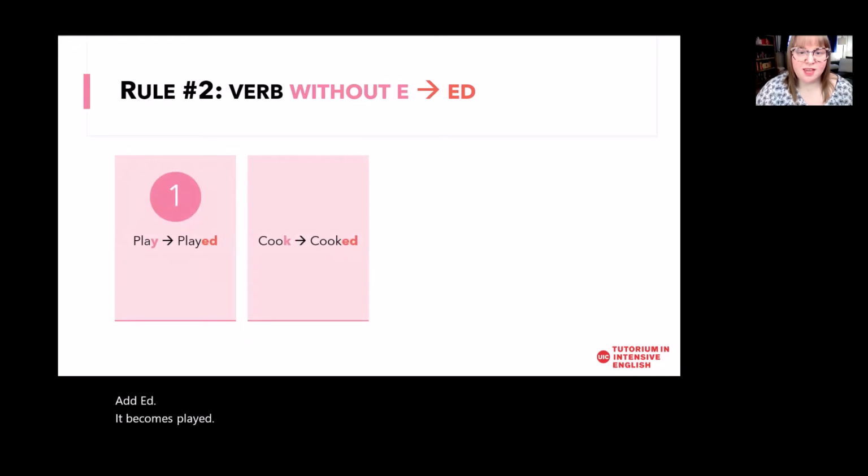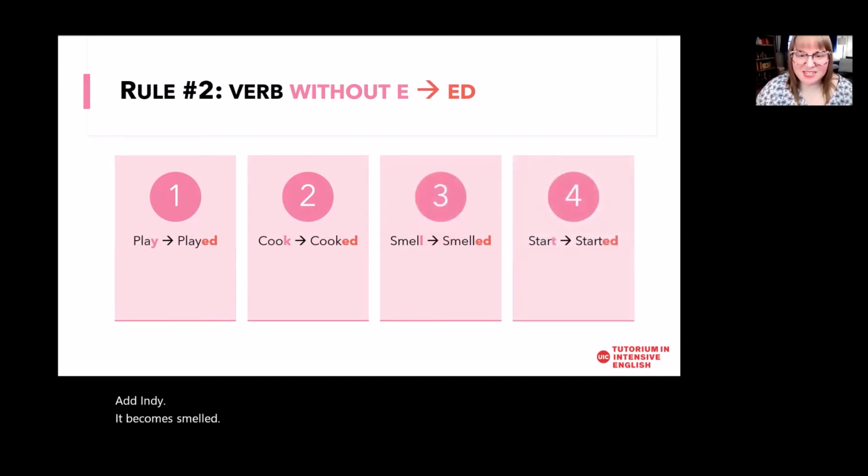Cook ends in K, add ED, it becomes cooked. Smell ends in L, add ED, it becomes smelled. And start ends in T, add ED, it becomes started. Okay, easy enough, right?